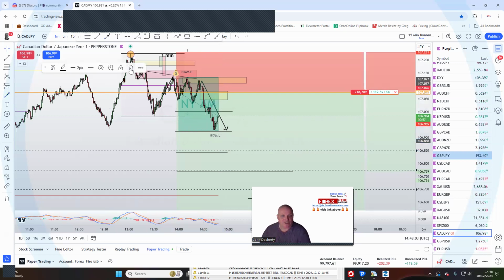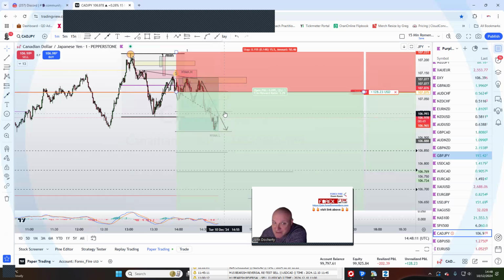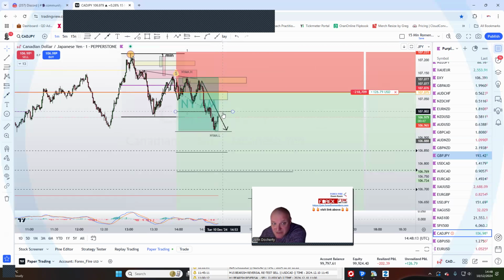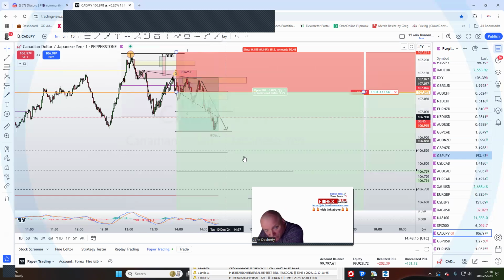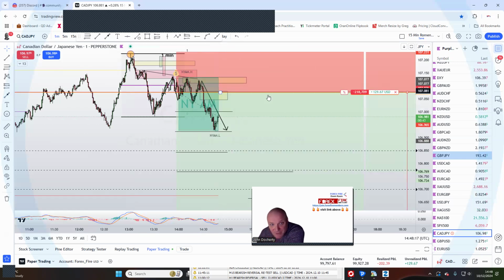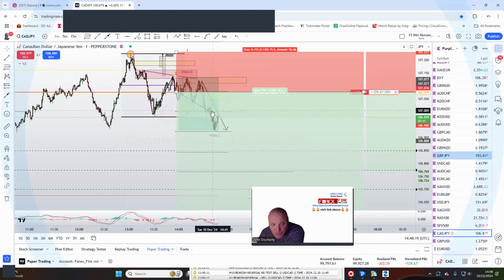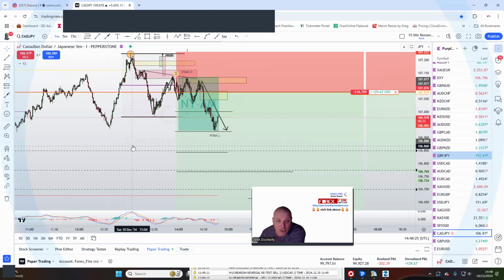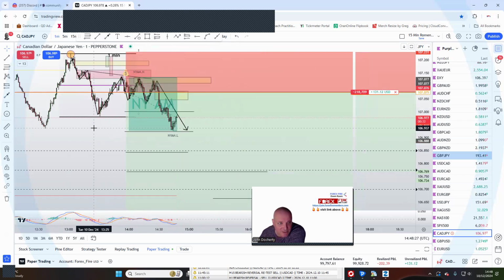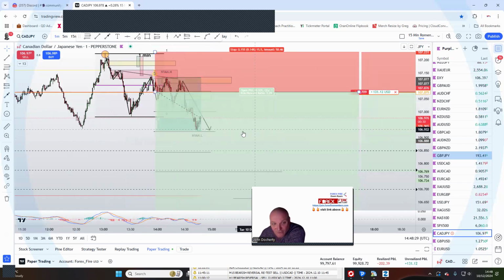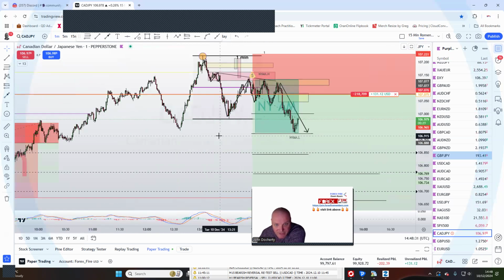This is the reason why I didn't move my SL to this area here just yet. I want to see if this comes up and doesn't quite tap into that, or if it does tap into this and then comes down, it just means I kept that bit of breathing space between the partial where I would have moved the SL to where it is on the entry at the minute. I hope this is all making sense anyway. It's just a matter of risk management and trade management.